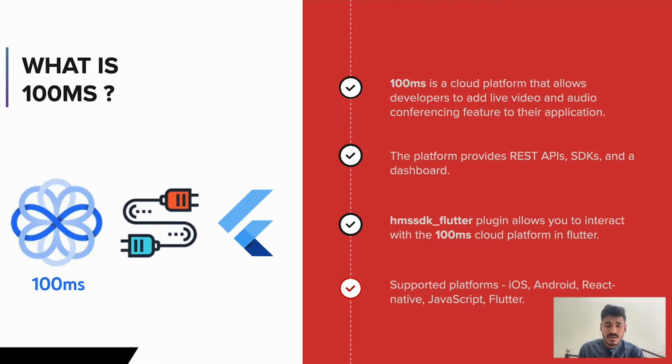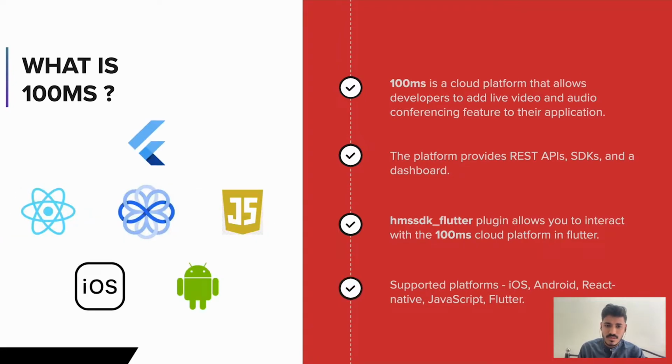These updates can be used to render the video on screen or to display other information about the room. Using these changes and updates, you can change the UI of your room accordingly. Currently the 100ms platform is supported on iOS, Android, Flutter, React Native, and JavaScript.